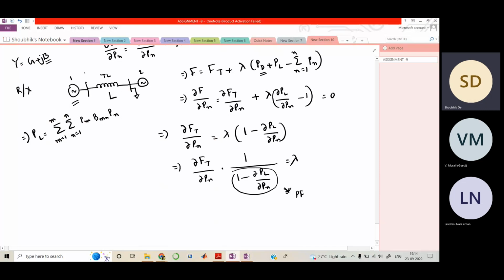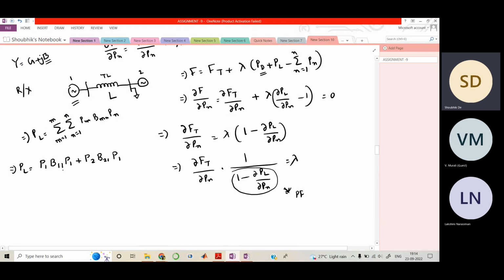Now if we consider this two generator system, what would this PL look like? First we are keeping n constant and varying m. So let's keep n constant at 1. This would be B11 P1, and then varying m, this would be B21 P1.